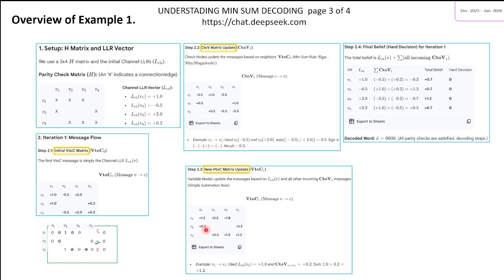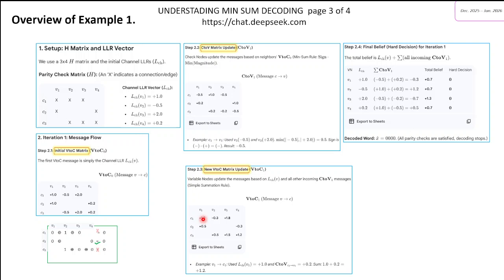So actually what happens is, the LLR which is +1 here in the initial matrix, we are trying to find the correct value for this position.